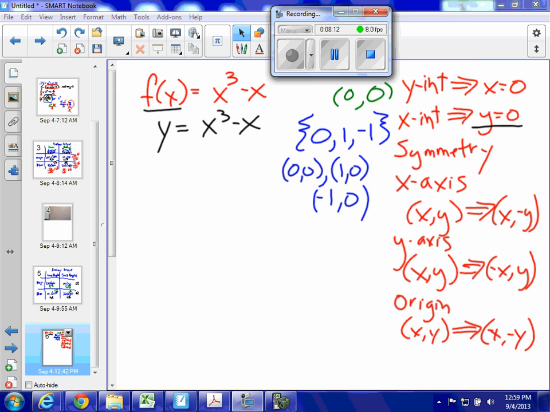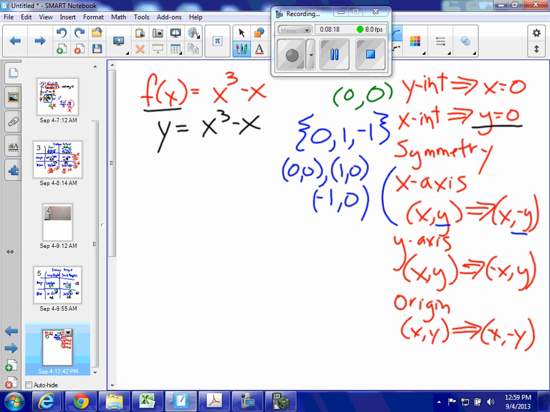So x-axis symmetry, I'll start with that, and that is where I'm changing my y's to -y. Okay, so here's my original equation. So I'm going to make it -y equals x cubed minus x. Well, let's make it all in terms of y by multiplying both sides by -1.